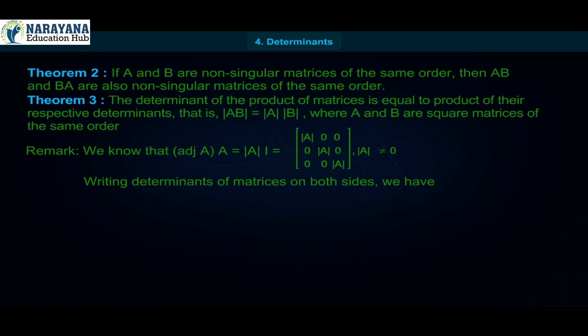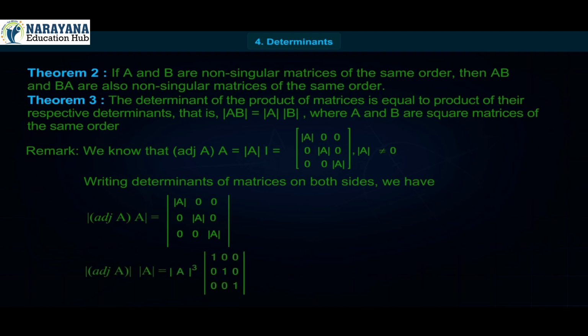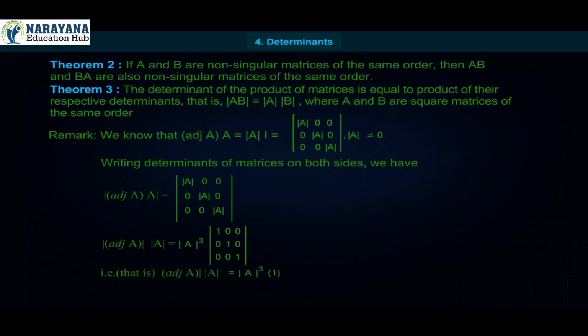Writing determinants of matrices on both sides, we have determinant of adjoint A times A is equal to the determinant of that diagonal matrix. Determinant of adjoint A times determinant of A is equal to determinant of A cubed times the determinant of the identity matrix [1, 0, 0; 0, 1, 0; 0, 0, 1].